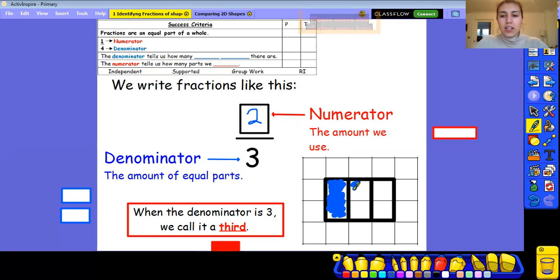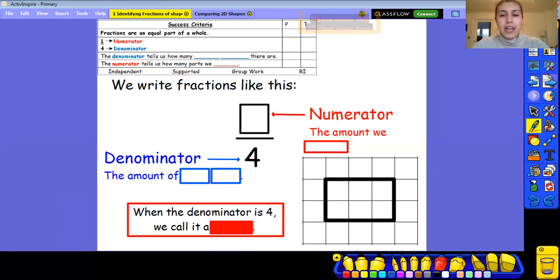I need to shade another one of my parts because my numerator is showing me the number of parts that I have, number of parts that we have got shaded in. So now 2/3 of my shape is shaded. 2, the numerator, is representing the number of parts that I have shaded, and 3, the denominator, is representing the number of parts that make up the whole shape.